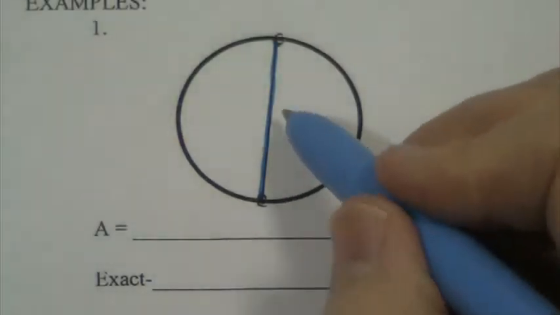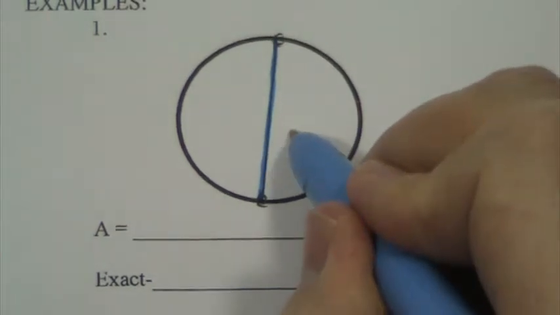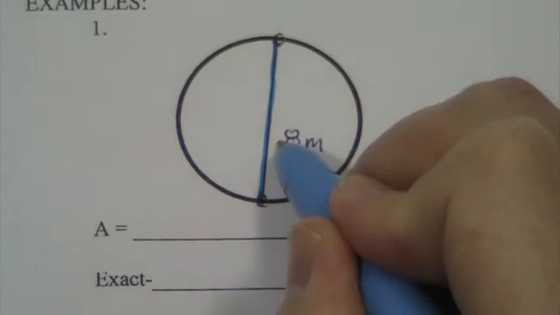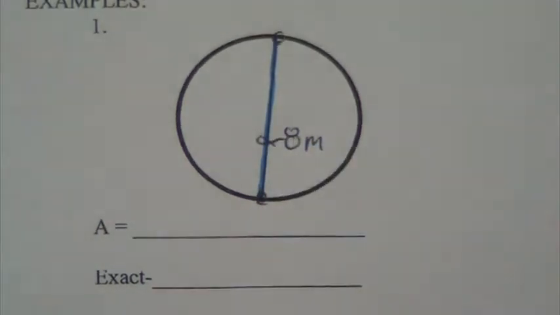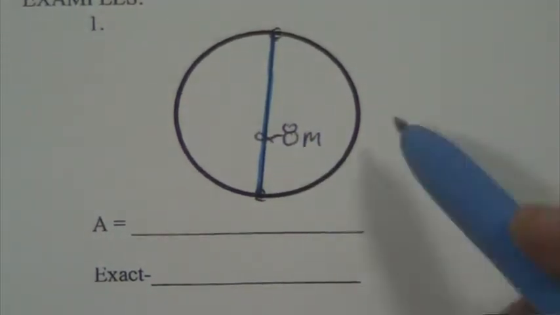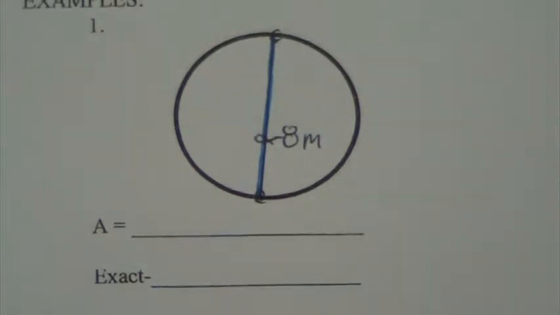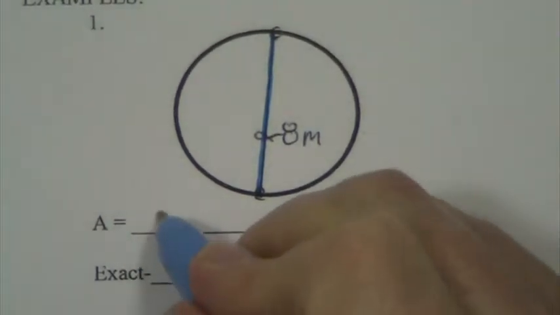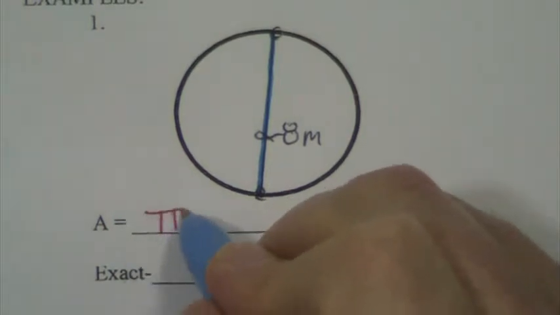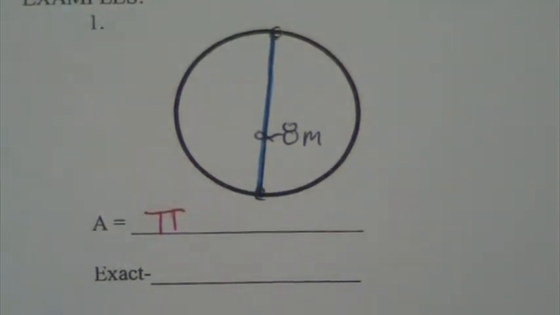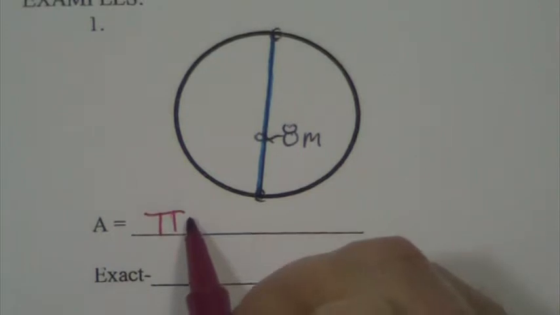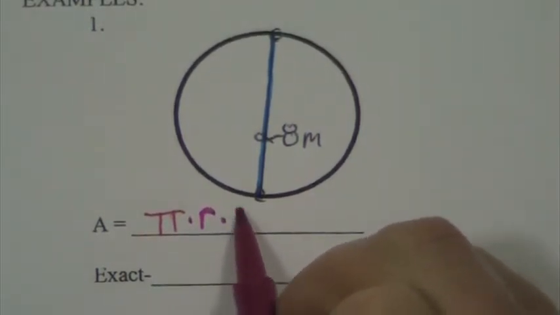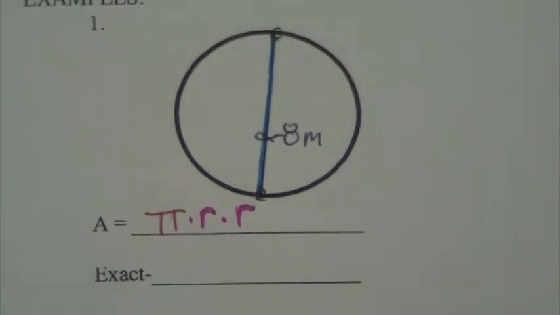For our first example, the diameter is 8 meters. That's the diameter. But we don't want diameter. Our formula, if you remember, is pi times radius, and I'm going to say times radius again because I think it's easier for many students.